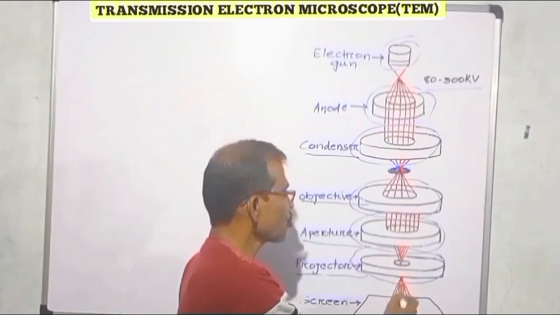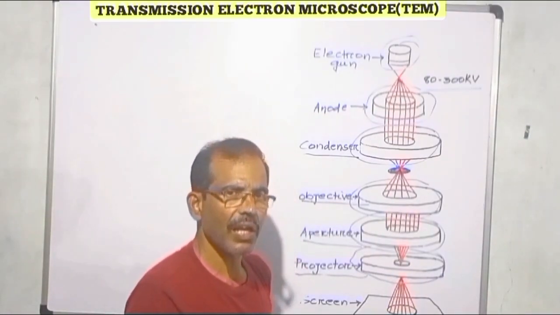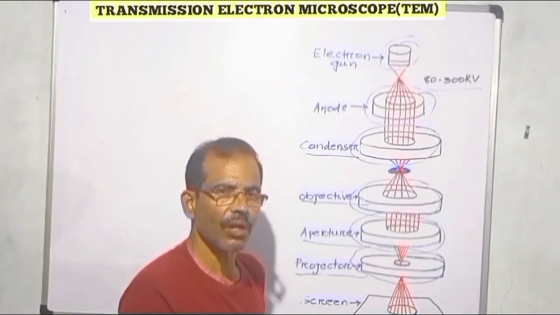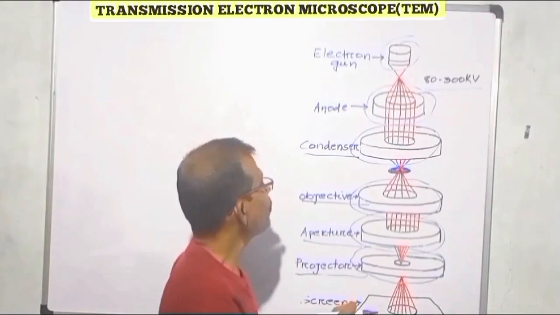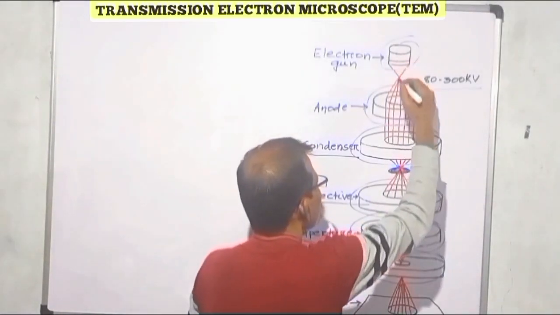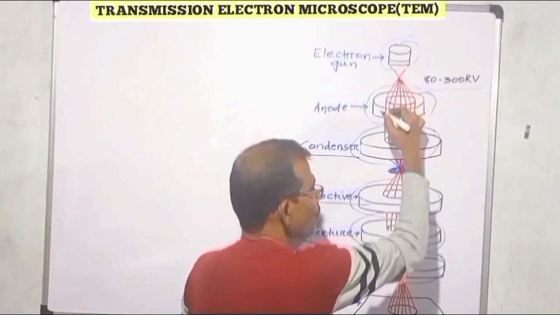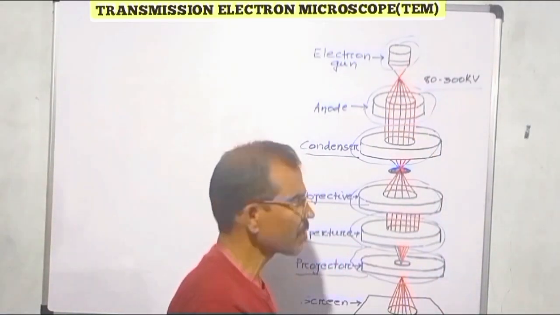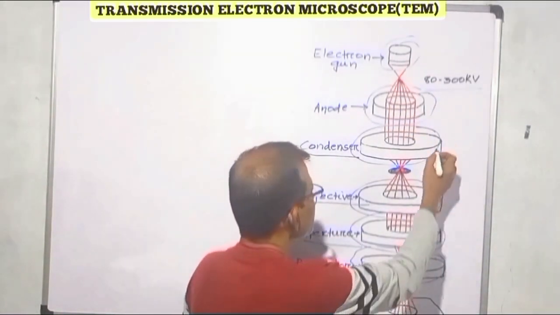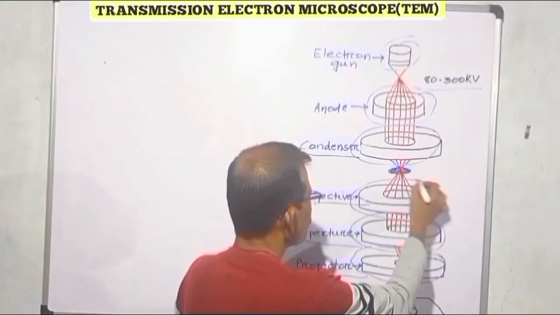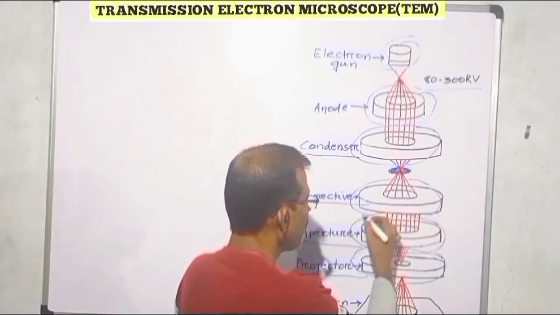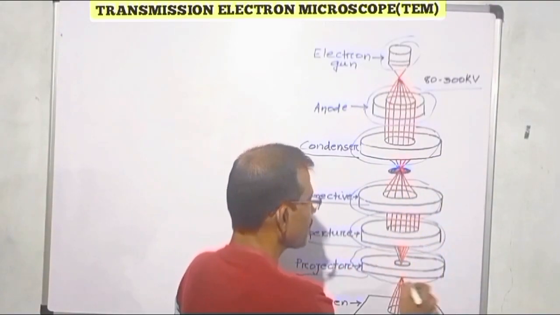This figure illustrates the principle and key components of a transmission electron microscope. The components are an electron gun, anode, and different types of electromagnetic lenses such as condenser, objective, aperture, and projector.